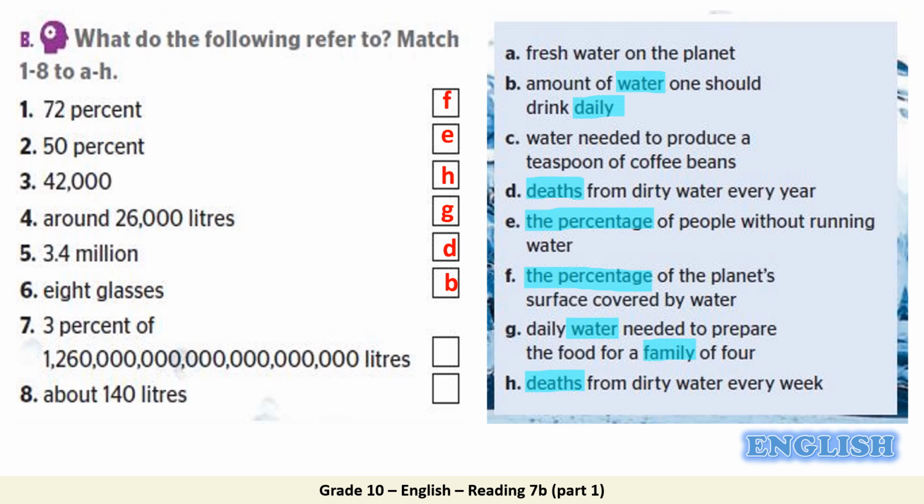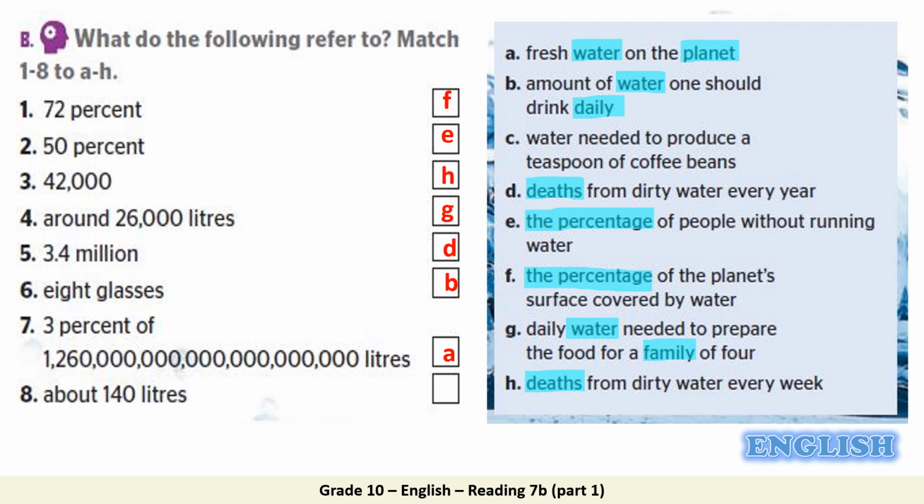Number 7, 3% of that long number here of liters. That was in the beginning. Very good. So A, fresh water on the planet. So only 3% of the total amount of water you can see is fresh.